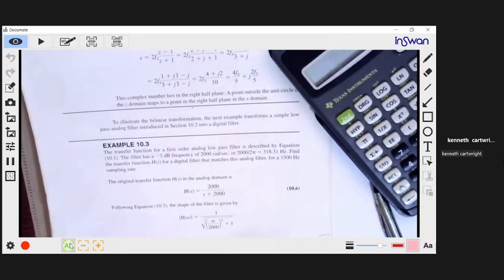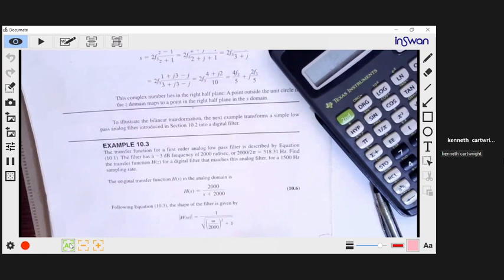Okay. Here's the question. The transfer function for a first order analog low pass filter is described by equation 10.6, omega p over s plus omega p.